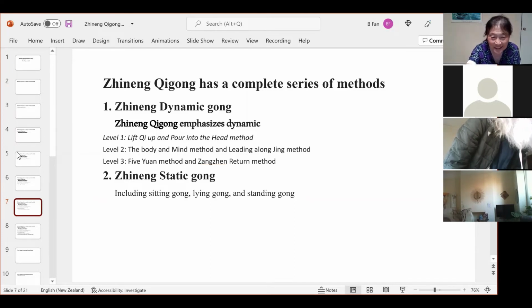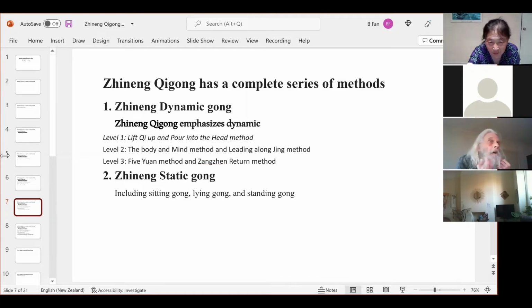For the static Gong, we said it already. Pang said you can do it, but mainly still do dynamic Gong, and sometimes you can do it.